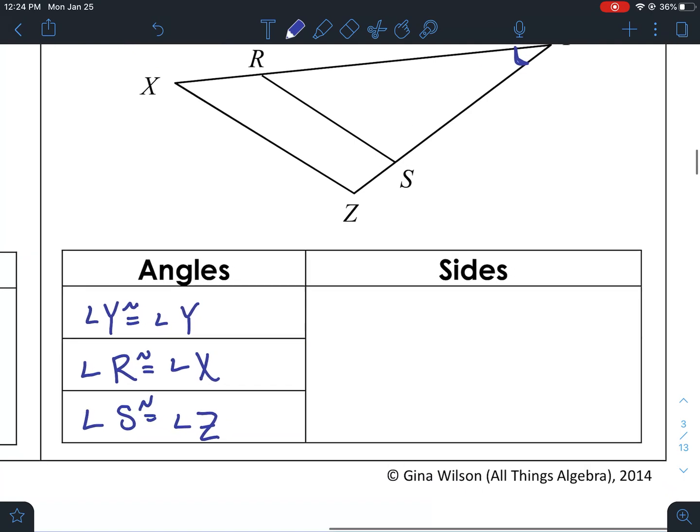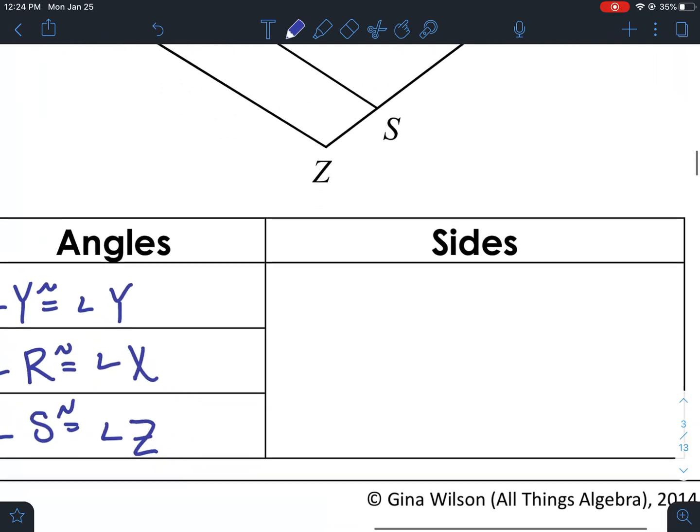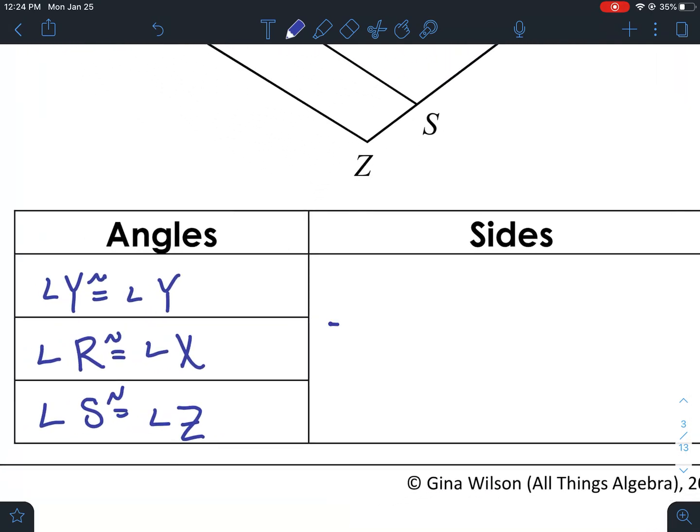Okay, so let's go ahead and do our proportional sides. I'm going to do YR, and that's going to be the same as YX. Then we'll do RS. RS is the same as XZ.